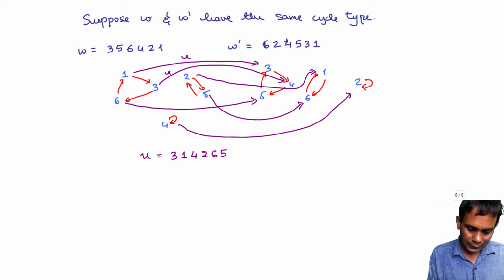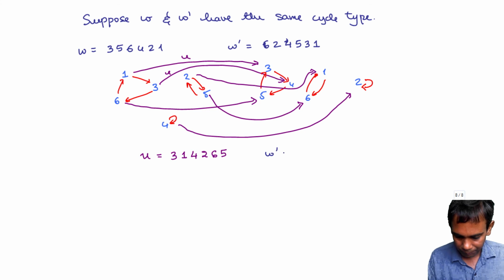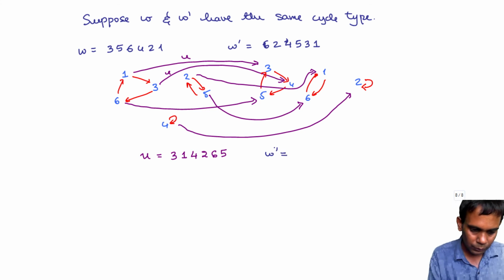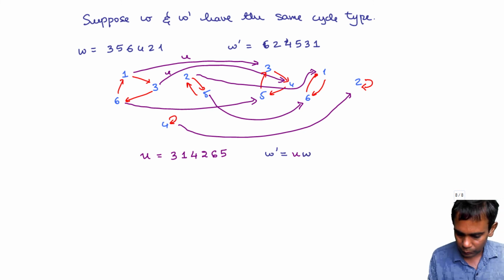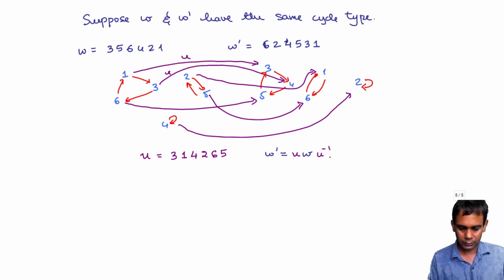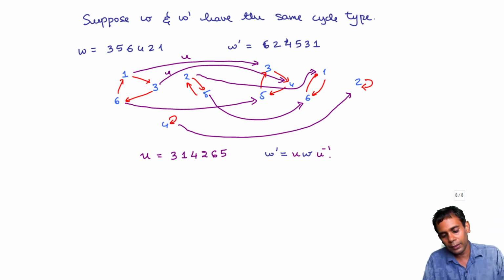And then manifestly I have w prime is equal to u w u inverse.